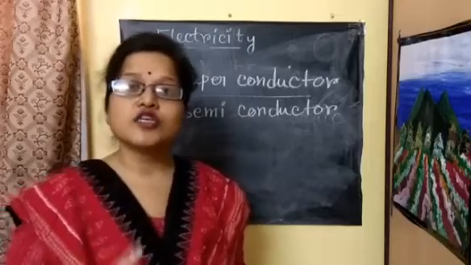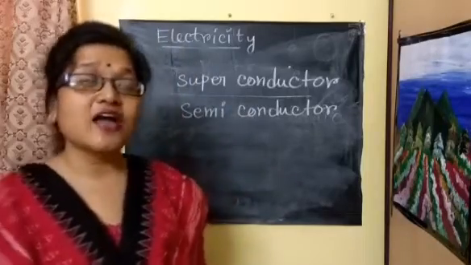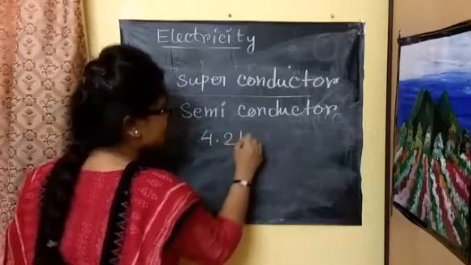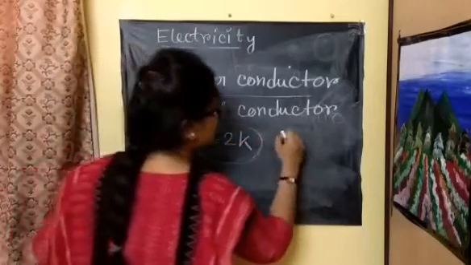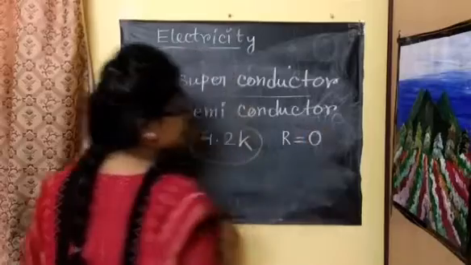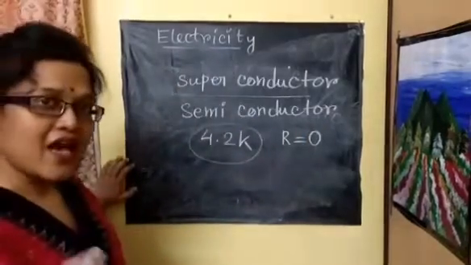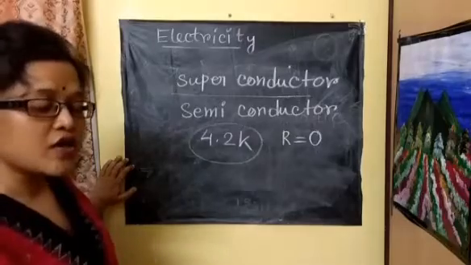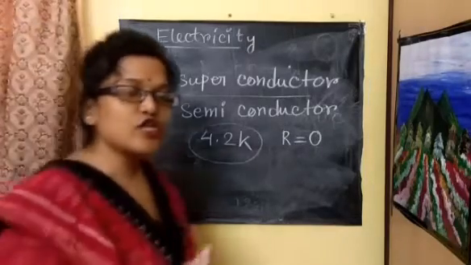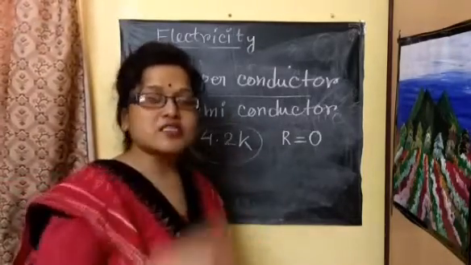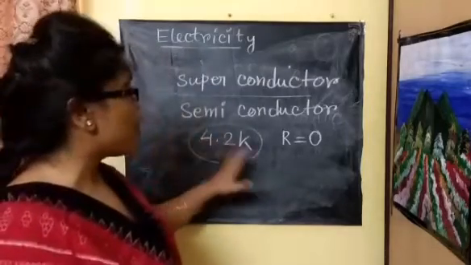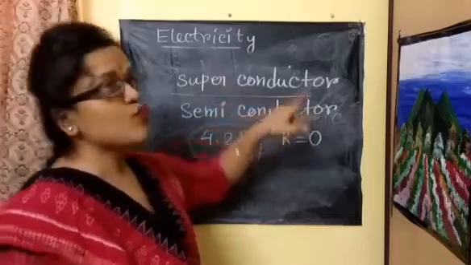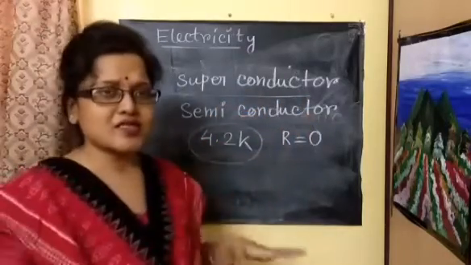Like mercury at 4.2 Kelvin temperature offers nearly zero resistance. This means without any help of a source, current can flow through it. Mercury does not need any battery or potential difference to pass current. At 4.2 Kelvin, mercury behaves as a superconductor, meaning no resistance.